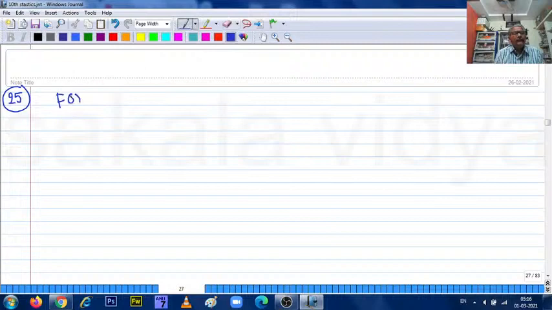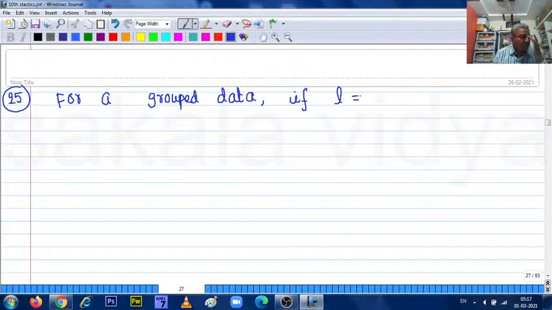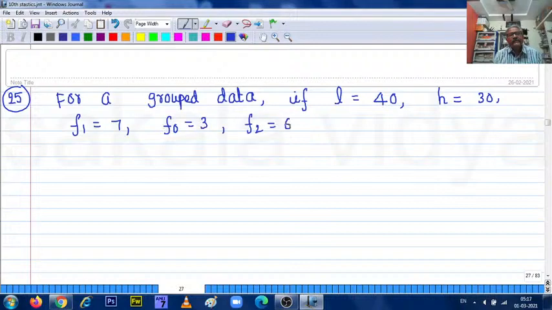For a group data, if L, that means lower boundary, L equals 40, H, size of the class or class size, H is equal to 30, F1 equals 7, F0 is equal to 3, F2 is equal to 6.